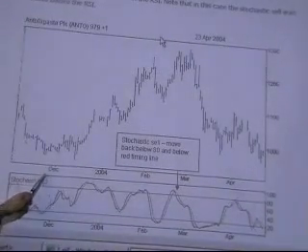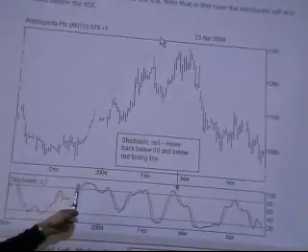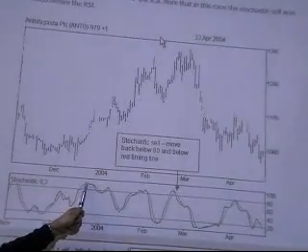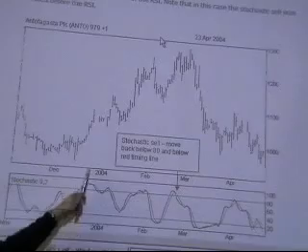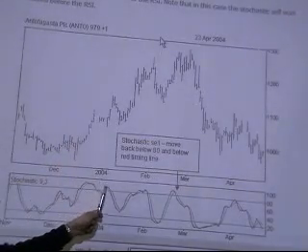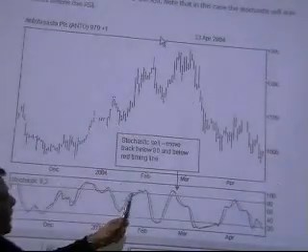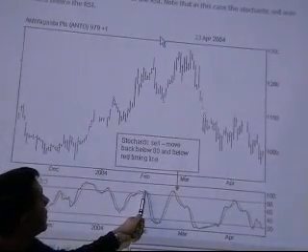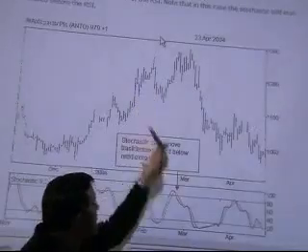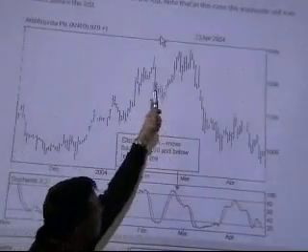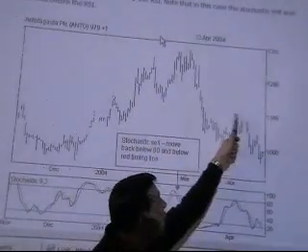And if the stochastic is short in time, you get a short-term overbought. So this represents a short-term overbought. Here it is again, and once again over there, and once again over here.